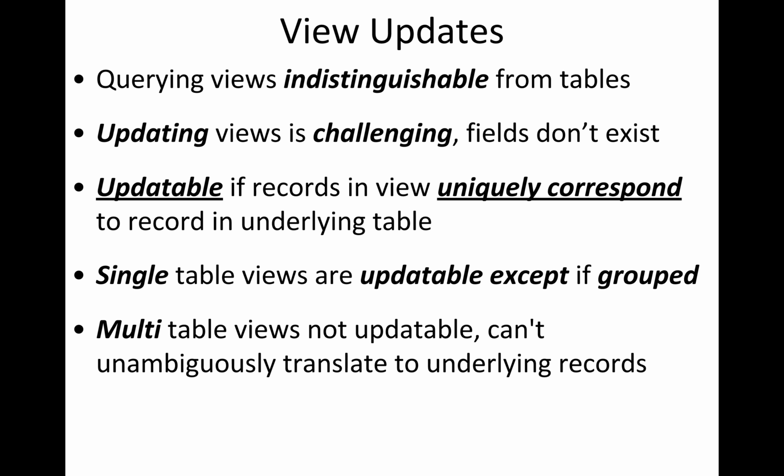With a real table, you can identify a particular record, a particular field, and update that field. In a view, the record that you might want to update is actually a combination of multiple fields that you might have gotten from different tables. So what would it mean to update a record in a view? It would mean that I would need to somehow propagate the changes in the view into the original tables where I got the data from.